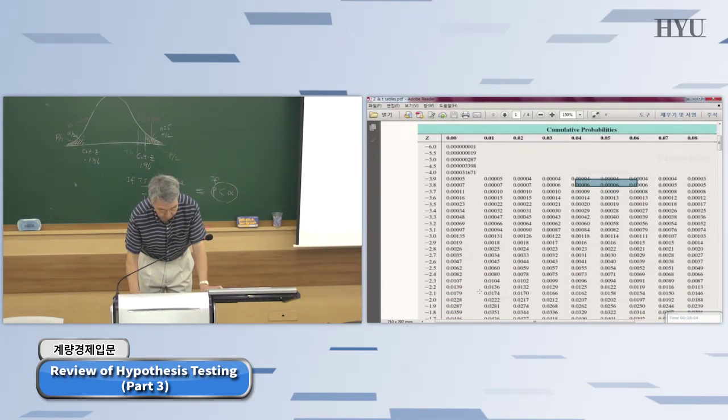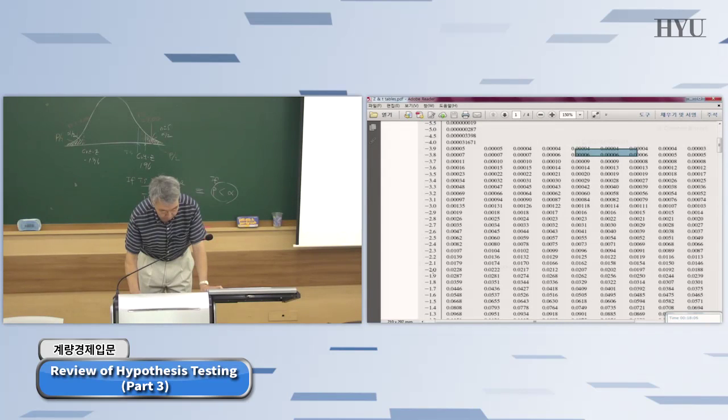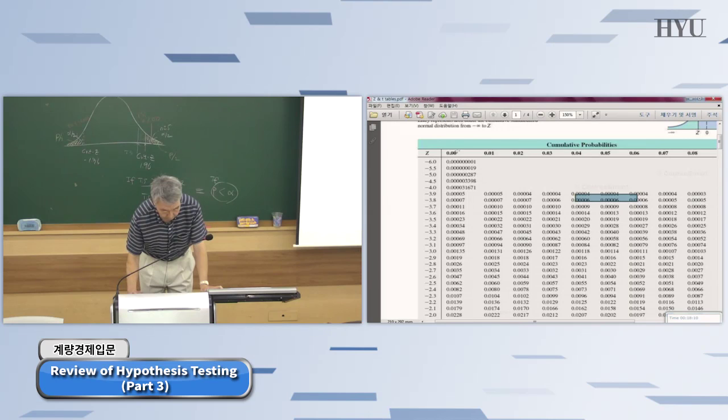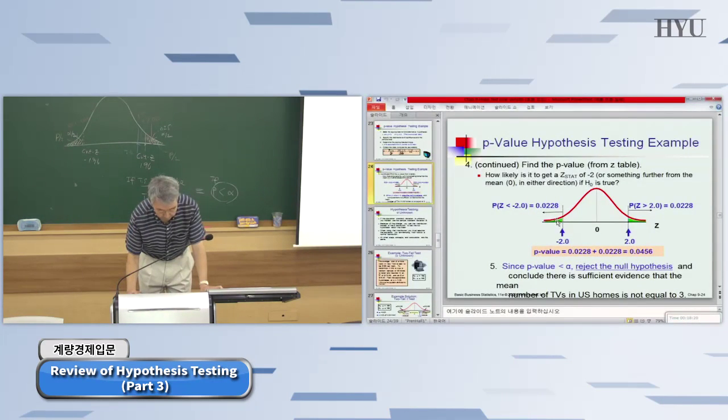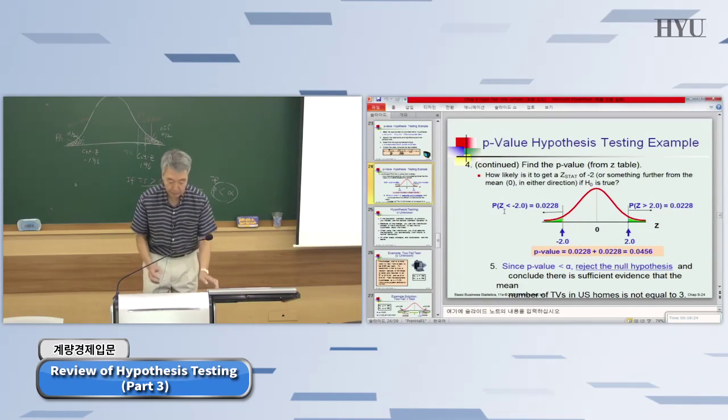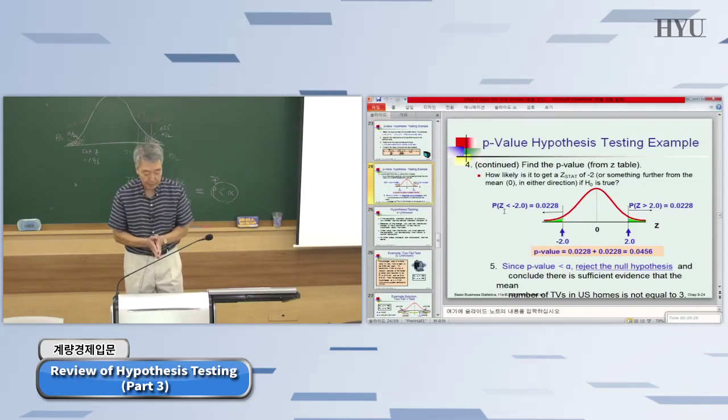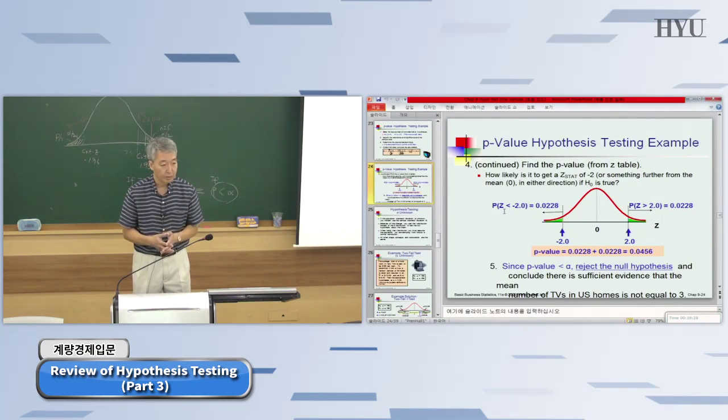So if you go to negative 2.00 here, you know how to use the z-table, right? And that area is 0.0228, right? And that's how they came up with this value. The probability that the z-score will be less than negative 2.0 is 0.0228, right?